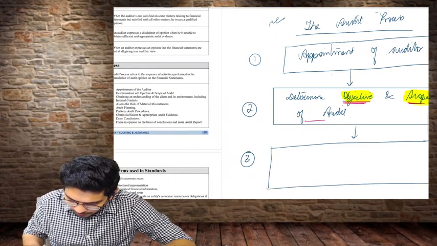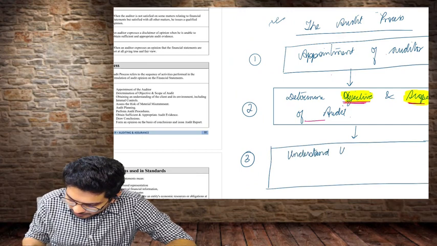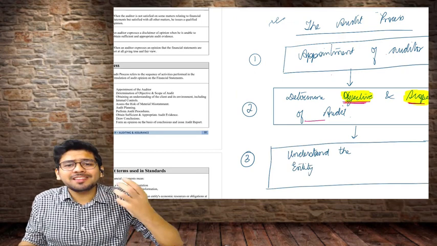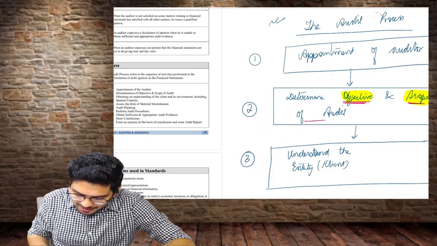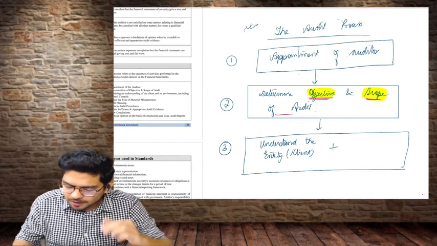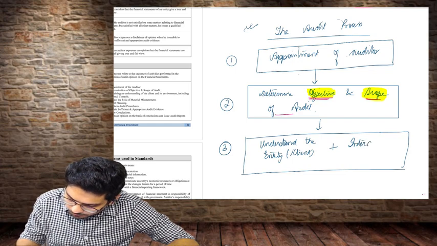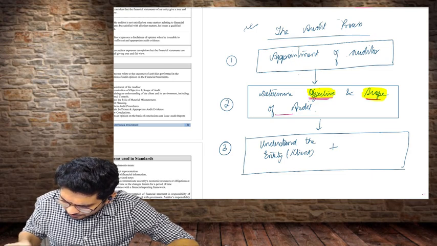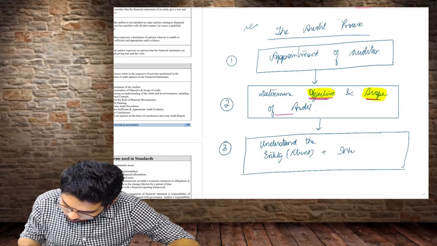So my third point is understand the entity, the client, and at the same time we need to understand internal controls as well. Understand the entity client plus internal controls.